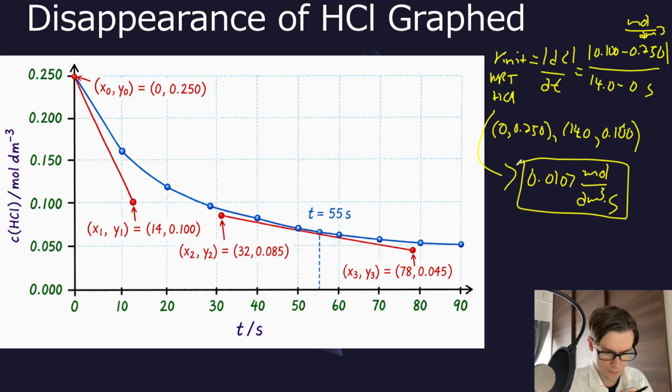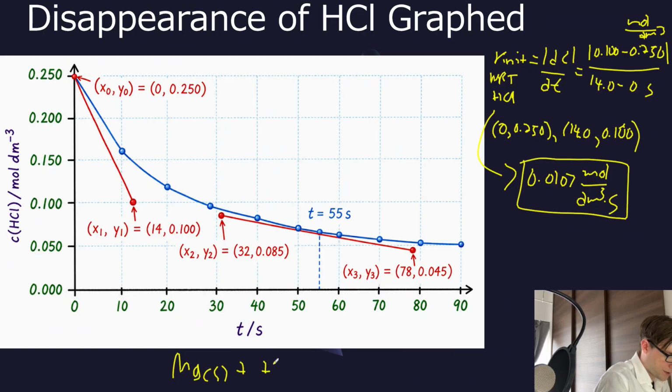All right. Now, do you remember the balanced chemical equation for this? It was Mg plus HCl goes to MgCl2 and H2 gas.